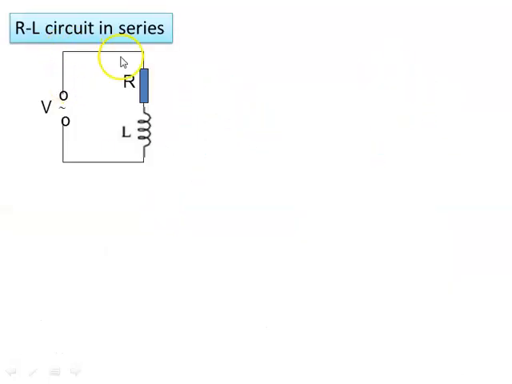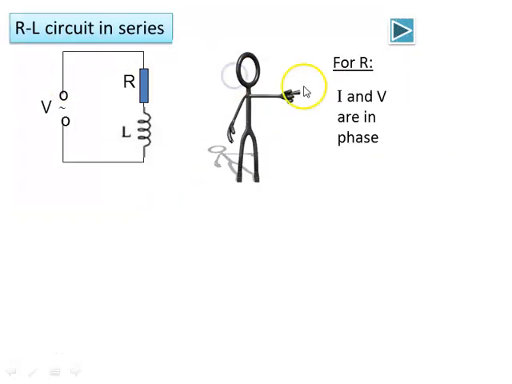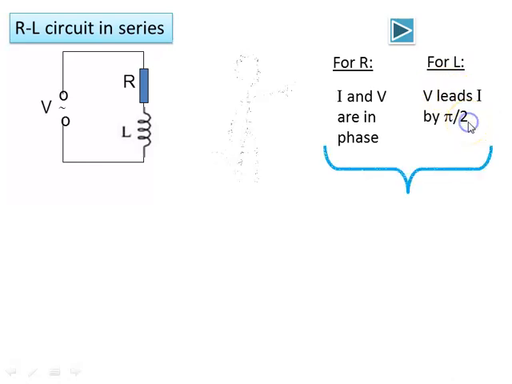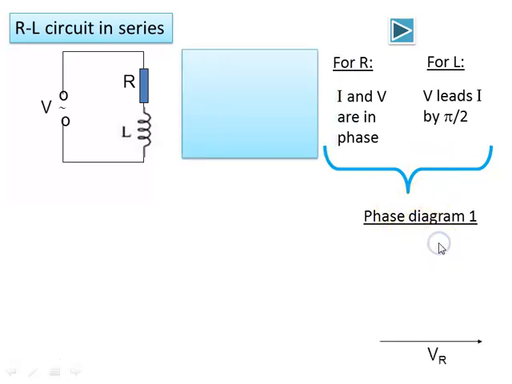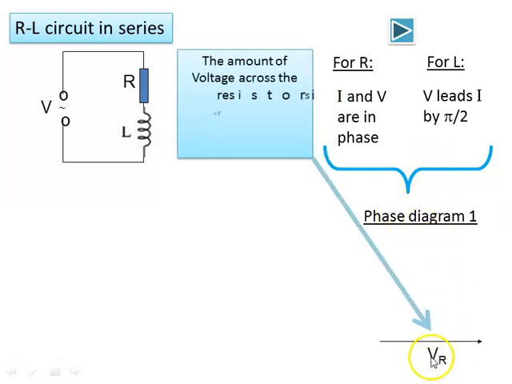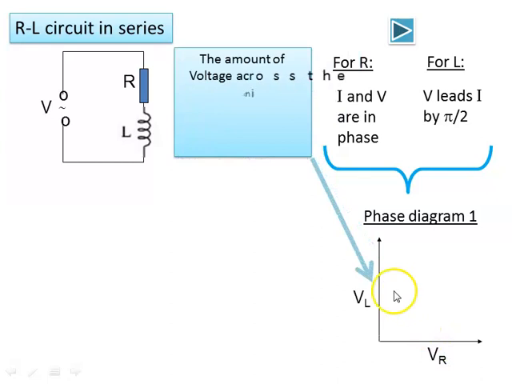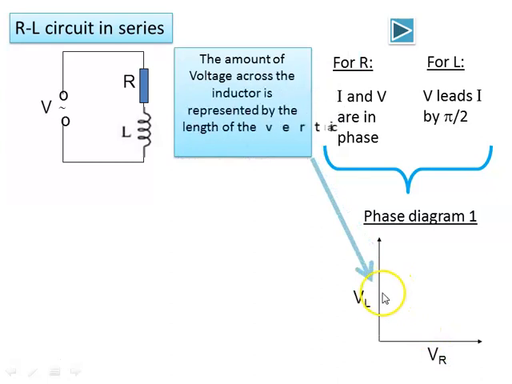Okay, for the RL circuit in series, for R, I and V are in phase, and for L, inductor, V leads I by pi per 2 radians. So if we draw the phase diagram, the amount of voltage across the resistor is represented by the horizontal line here, and the amount of voltage across the inductor is represented by the vertical line here.